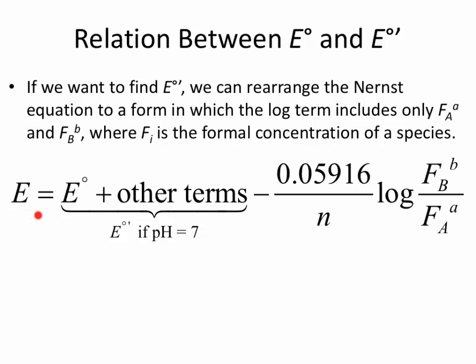So we then have our E is equal to this E0 prime, where we've grouped together our E0 plus some other terms, and this is E0 prime if we have a pH of 7, and then minus 0.05916 over n times log of our formal concentrations of B and A raised to the little b and little a powers.